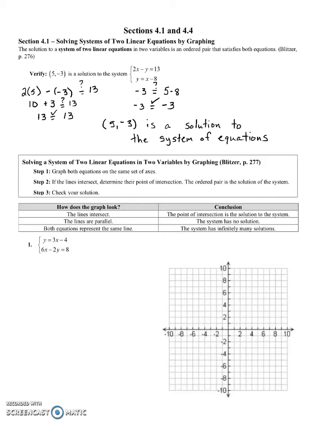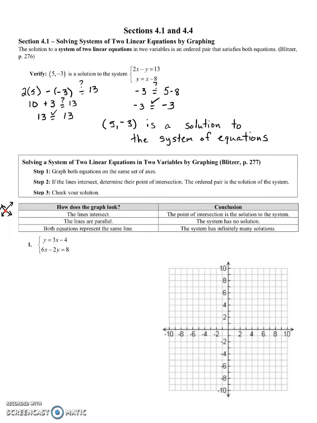So then, of course, you have to check and make sure it works in your equations. So if the lines intersect, we have a situation like this, where we have one line and we have another line, and the solution is whatever that point where they intersect is.